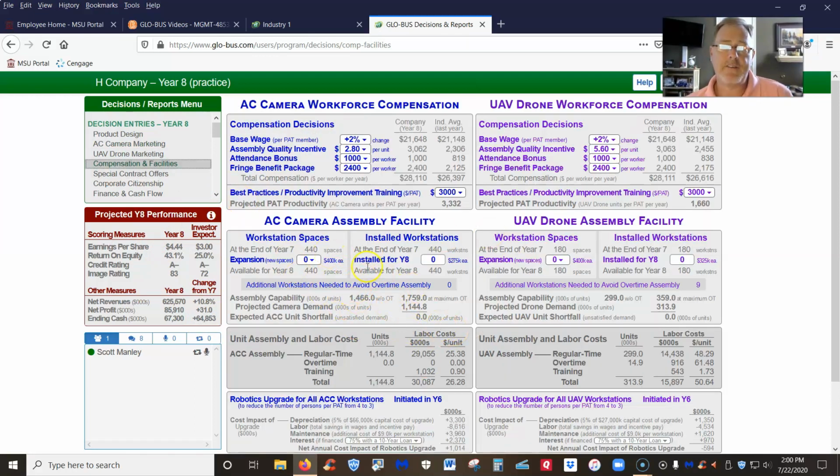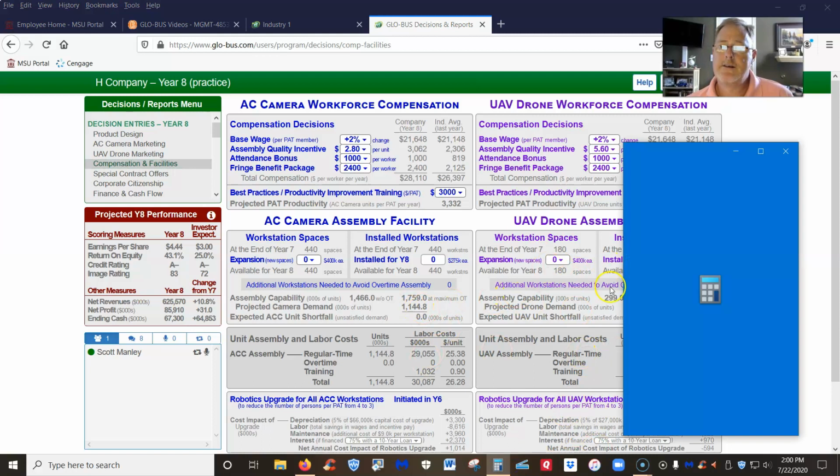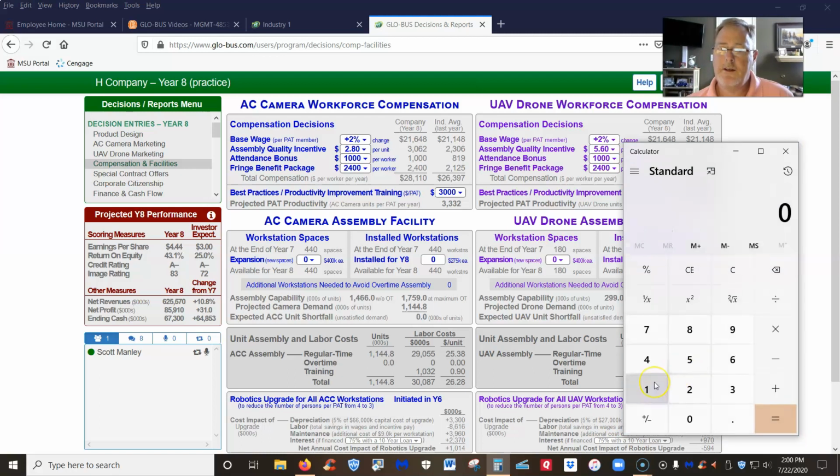Wow, I've got a lot of excess capacity here, okay? Again, pulling up the calculator, okay, my demand is 1144.8, and the correct way to state that is 1,144,800 cameras.